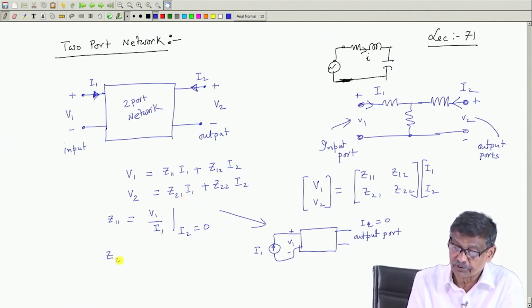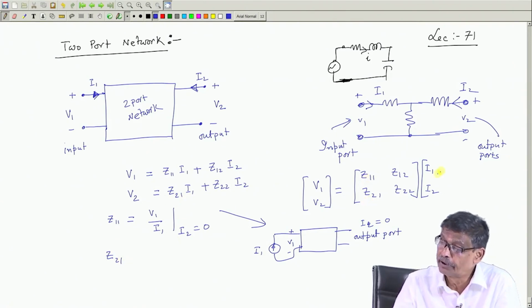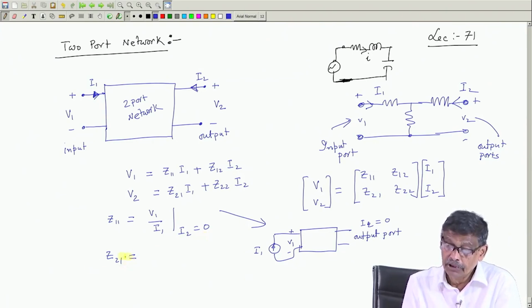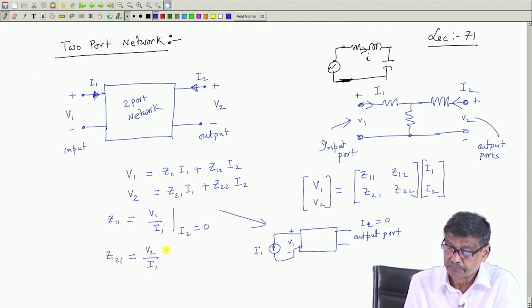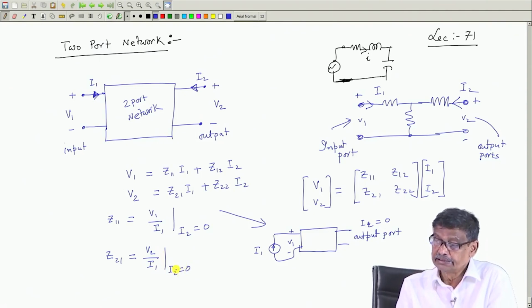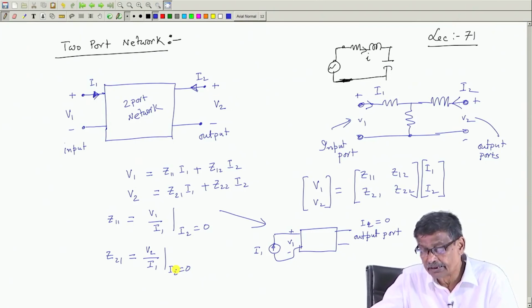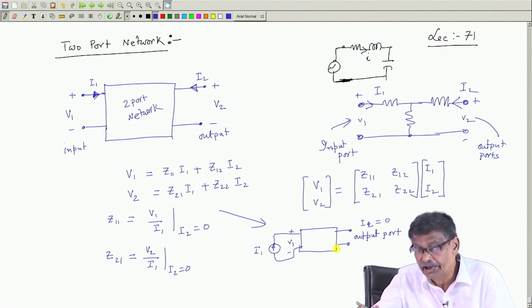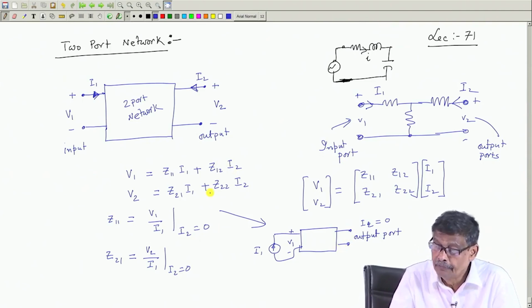This first column, elements Z 11 and Z 21, can be found out by making I 2 equal to 0, and Z 21 will be equal to V 2 by I 1 with I 2 equal to 0. That is, if you excite the input port with a current source I 1 and the output port is kept open circuited, which will ensure I 2 is equal to 0.